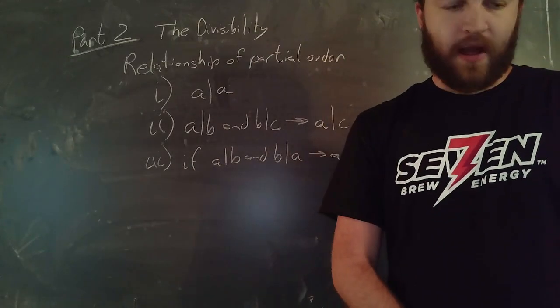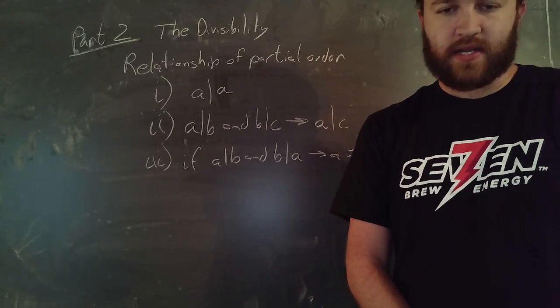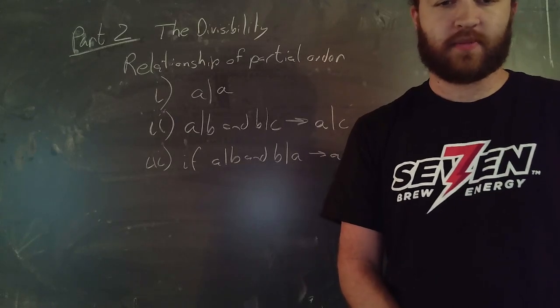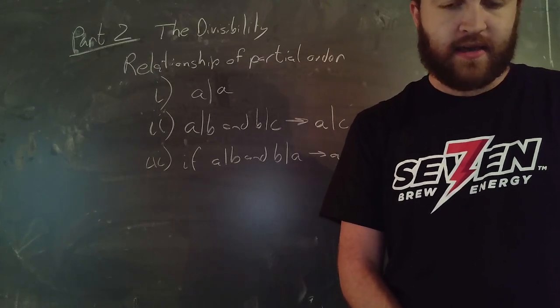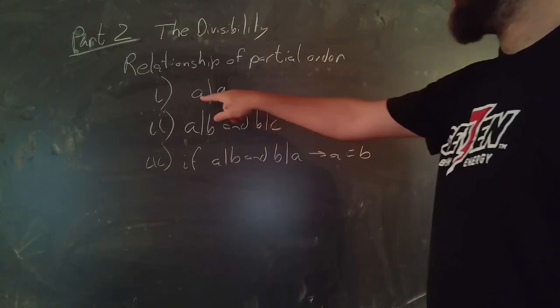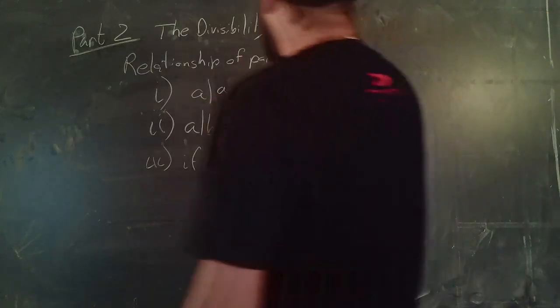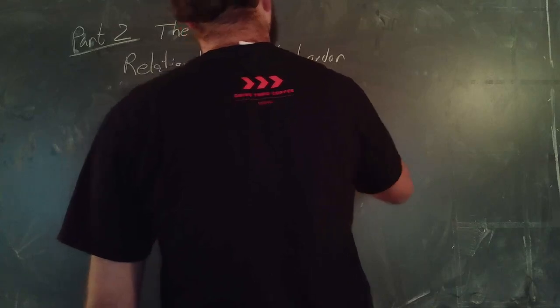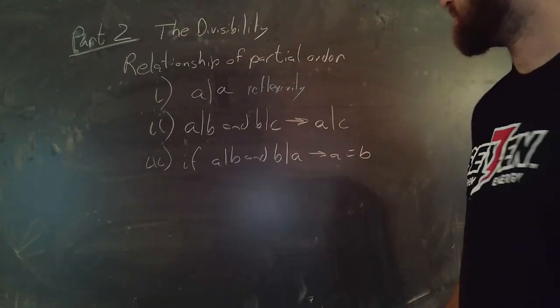Now there are several properties that we need to be aware of when we are dealing with divisibility. First of all, divisibility is a relationship of partial order because of the following three things. First, we know that a divides a. This is what we would call reflexivity. In other words, a number divides itself.